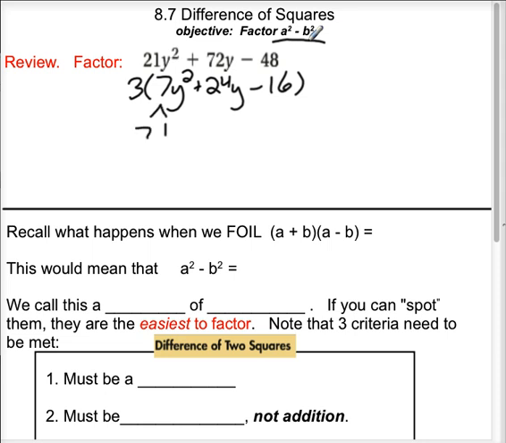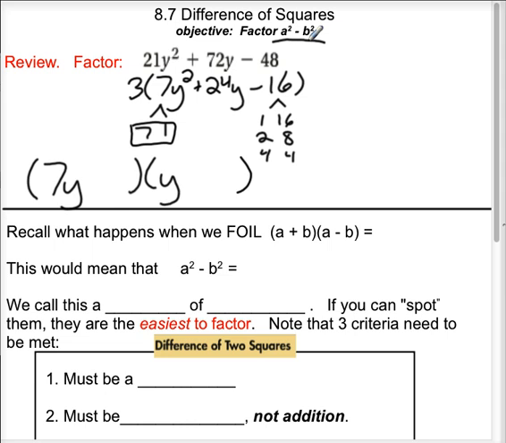So that 7 represents 7 times 1, and 16 can be 1 and 16, 2 and 8, 4 and 4. And because there's only this 7 and 1, I know that the basic structure of this is going to be 7y and just y.